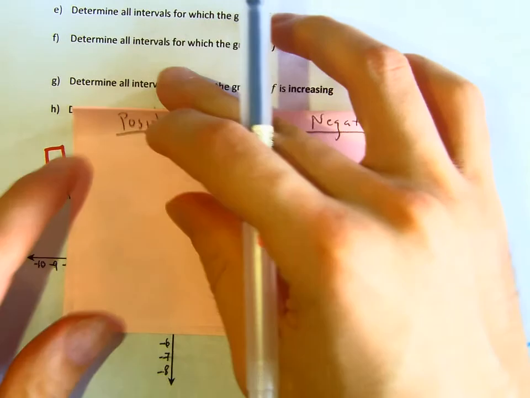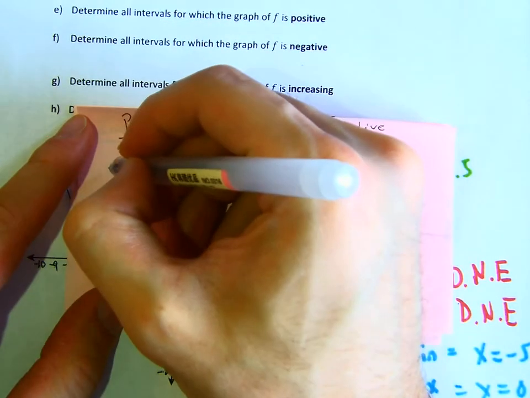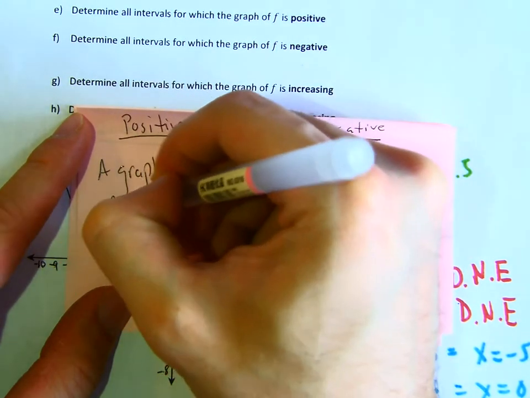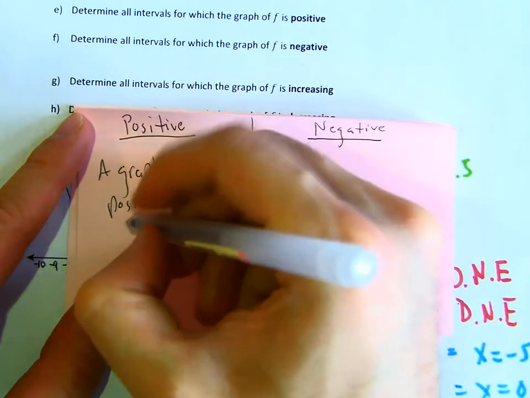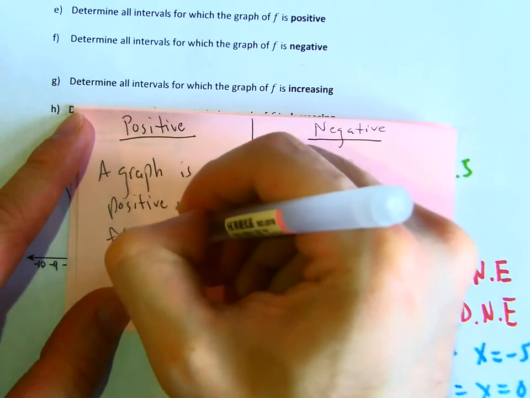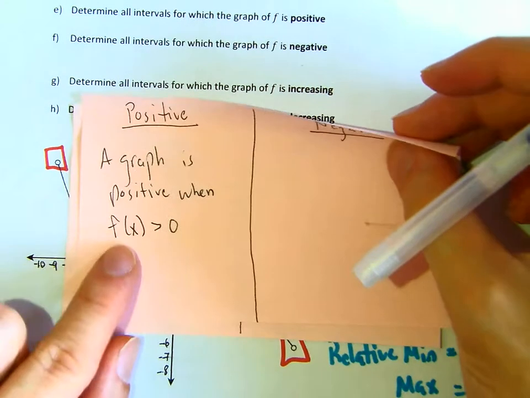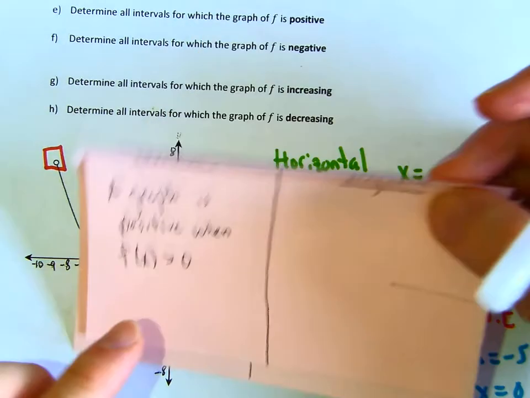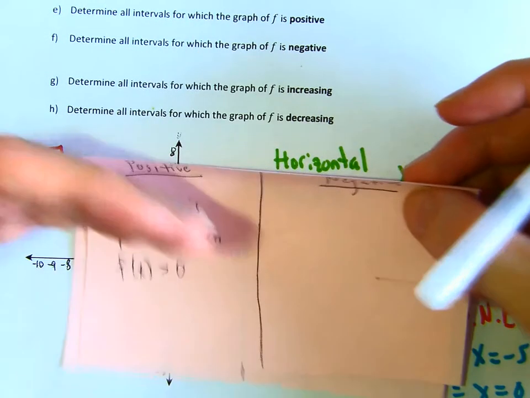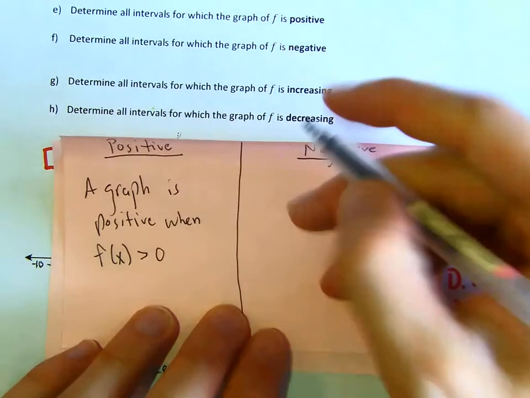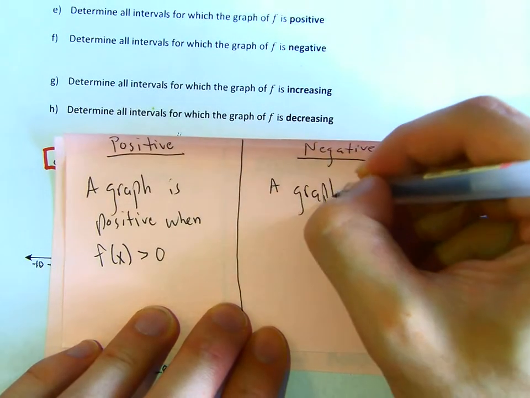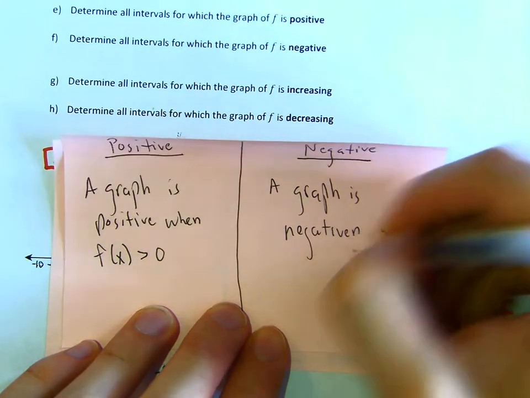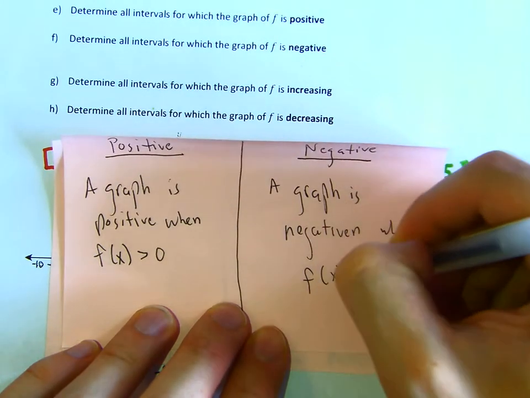A graph is positive when f of x is greater than 0, when the graph of f of x is above the x-axis. A graph is negative when f of x is less than 0.